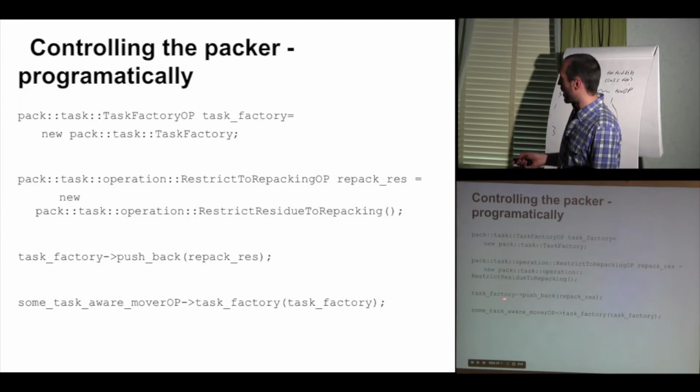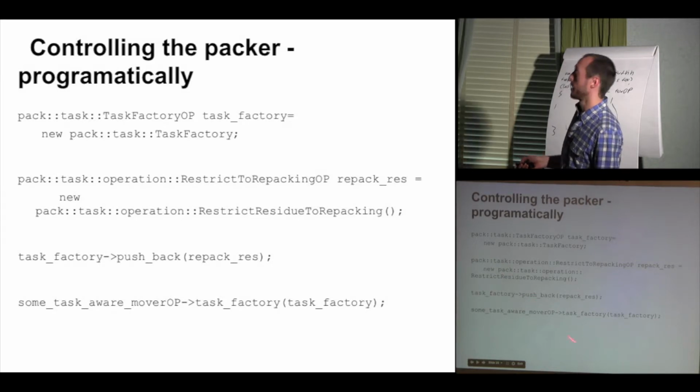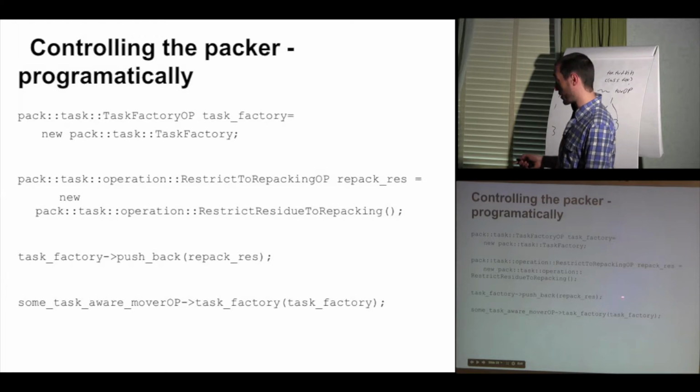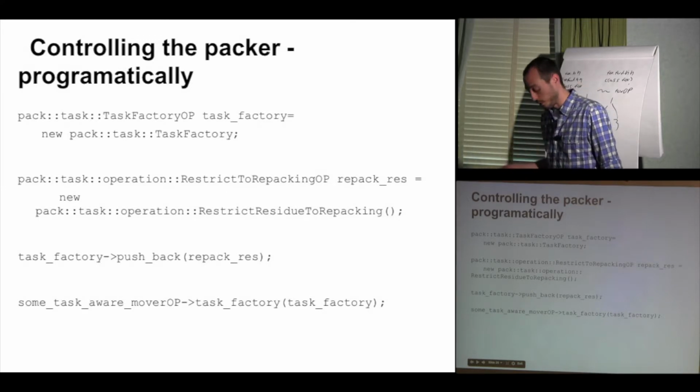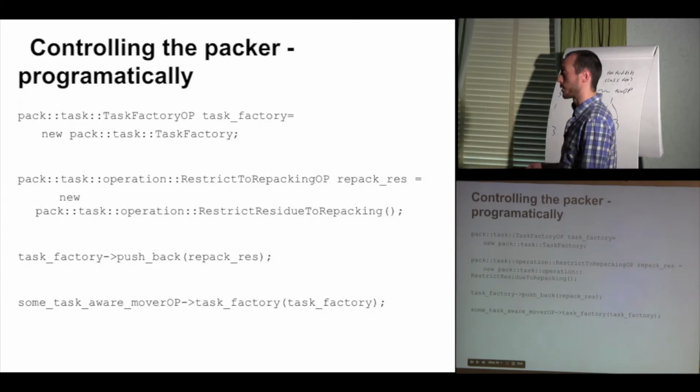And then all we need to do is, for the task factory, push back this restrict to repacking task operation. And now if we give this task factory to some task factory aware mover, like pack rotamers mover is kind of a classic example, then it has this task factory and will apply it before it makes its call to the packer.